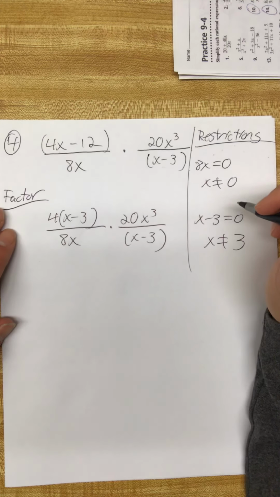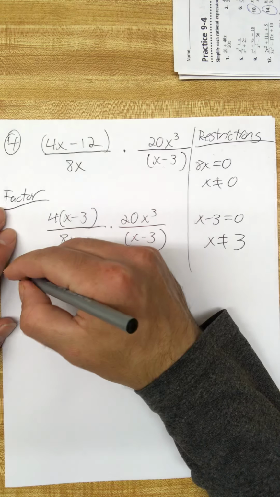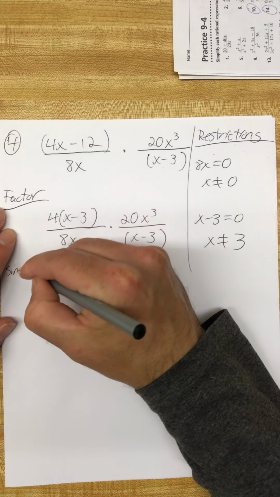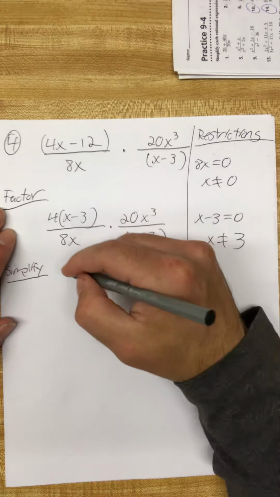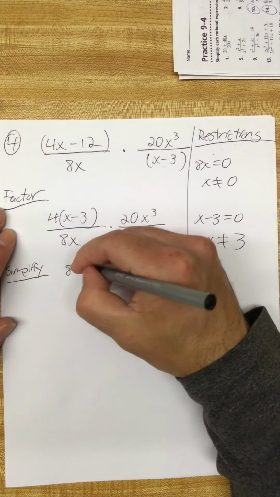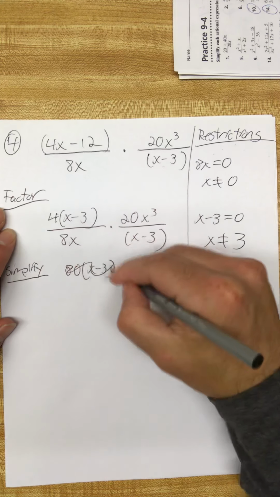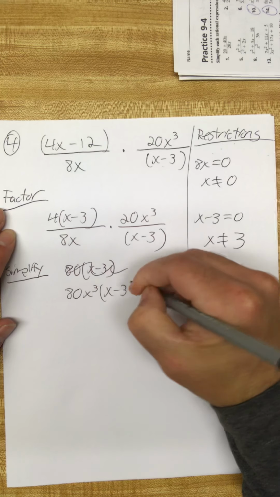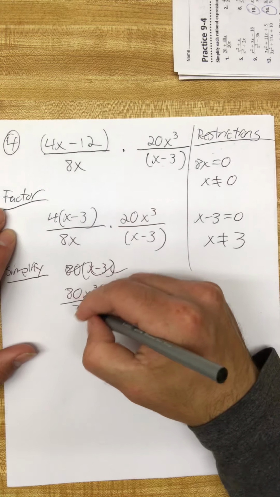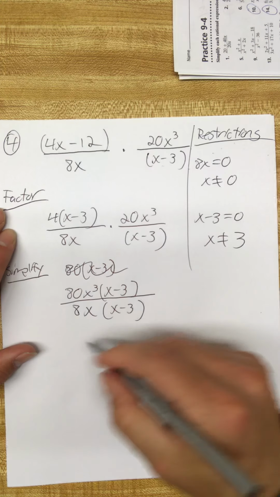I think for the sake of, as far as you got a lot of coefficients here, something we haven't done a lot before, I do like when I multiply everything out. I think it helps with all the simplifying. So 4 times 20 is 80. And then you got an x minus 3. I'm going to go 80x cubed, and then the x minus 3. In the denominator, I have 8x, and then the x minus 3.